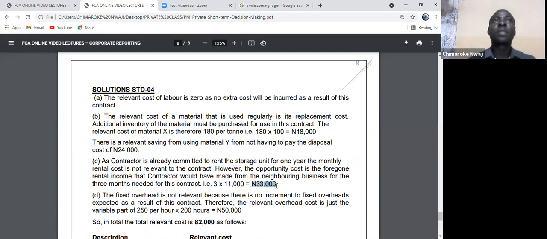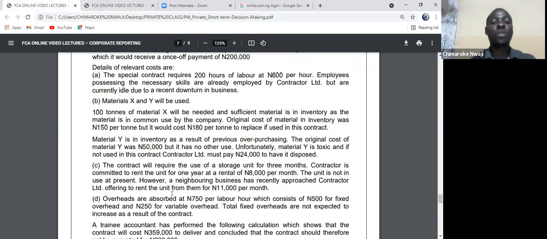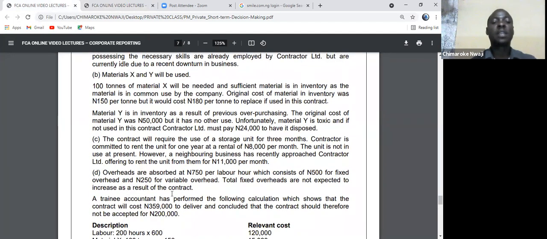Now, this 33,000 naira is opportunity cost because you will forgo taking the neighbor's proposal of 11,000 naira because you want to use it to store for your project. And so it means the storage unit is only valued at that opportunity cost of 33,000 naira. Okay, so we go to the D part.